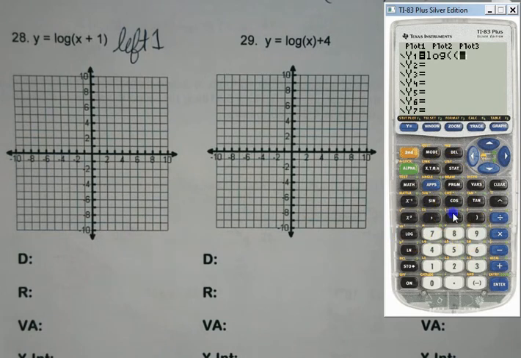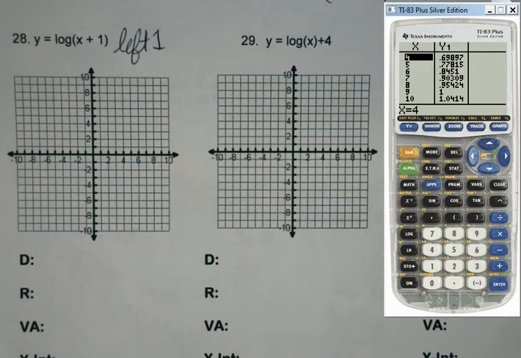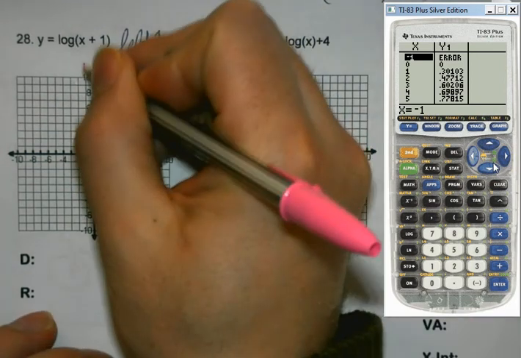So that should tell me a little bit about my asymptote. So if I do my log, oops, I always forget they give me that without me even doing it. Make sure you get your parenthesis closed up, because I want it in the parenthesis with. And I graph, notice what happens. It's now finishing over at -1, because my whole graph is shifted left 1. If I look at my chart, okay, I now have a value at 0, but I get an error at -1, which is kind of my hint on where my asymptote might be.